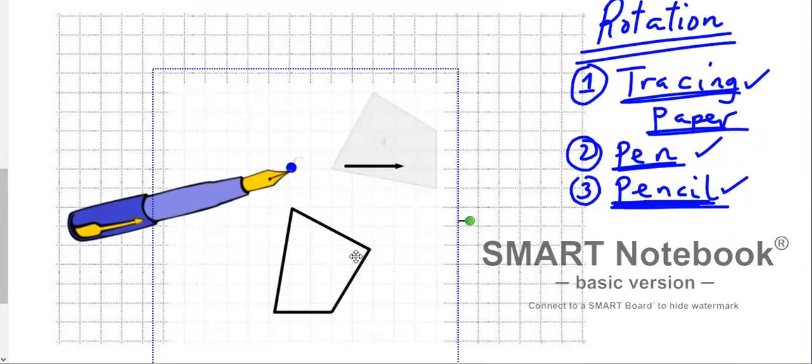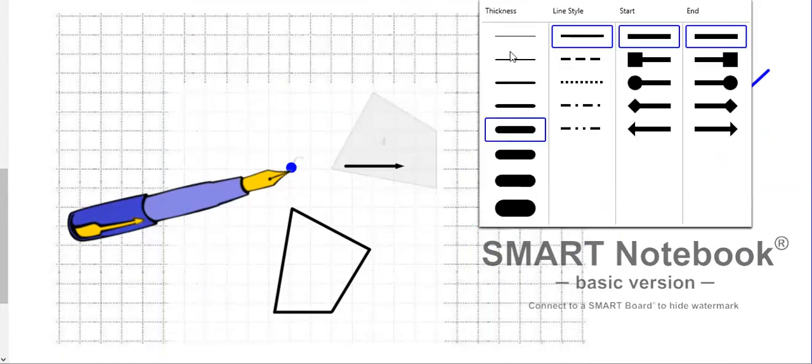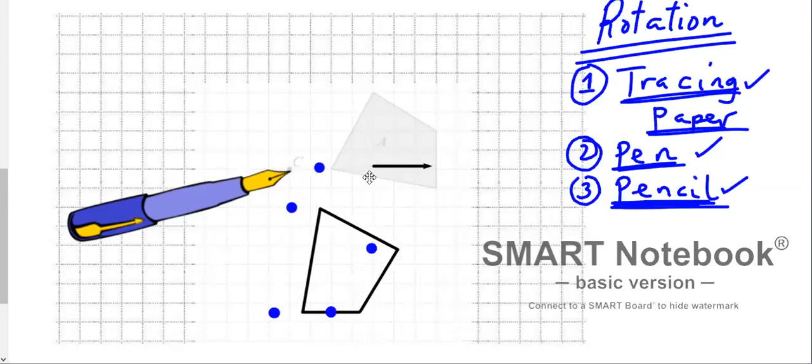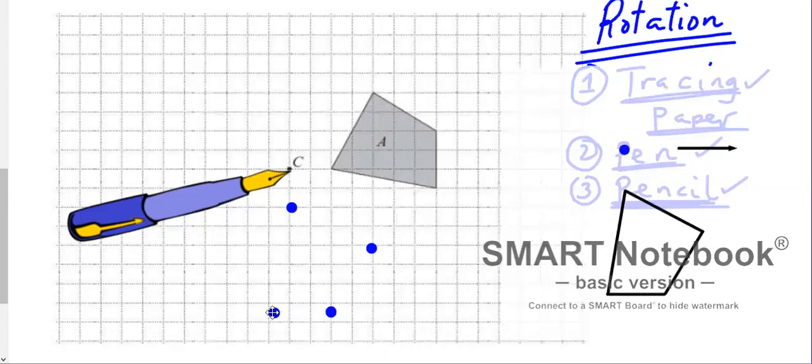All right, so let us now take a pencil and try to highlight the new location of this shape. So the new location will be somewhere here, somewhere there. I hope that is clear. Then you have to take out the tracing paper, leaving these points exposed.